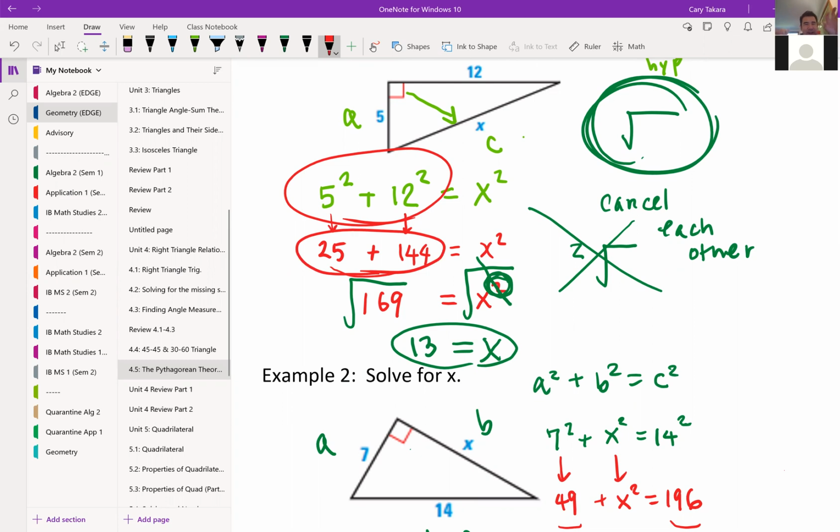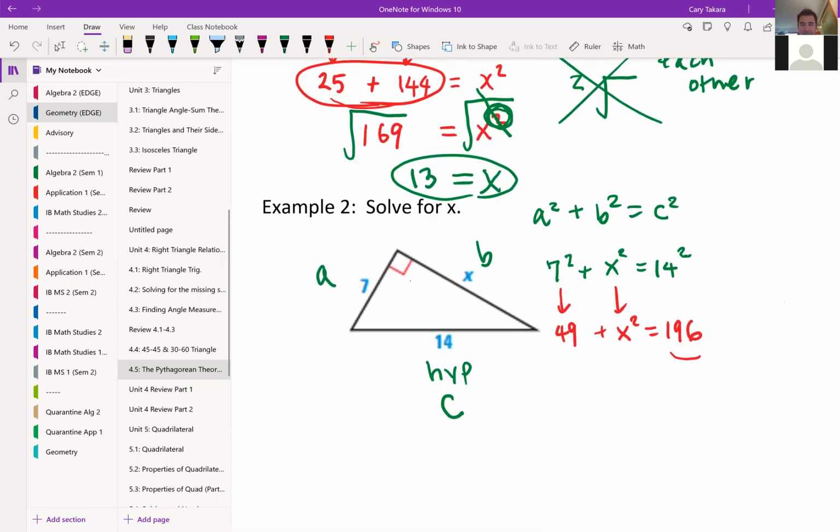We added 25 and 144 together because they were on the same side. But this time it's not. So since we are solving for x, let's get rid of 49 by subtracting 49 on both sides. And that cancels out.